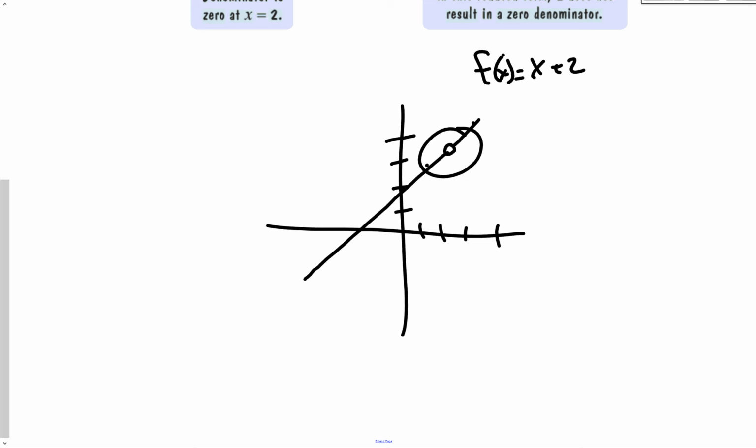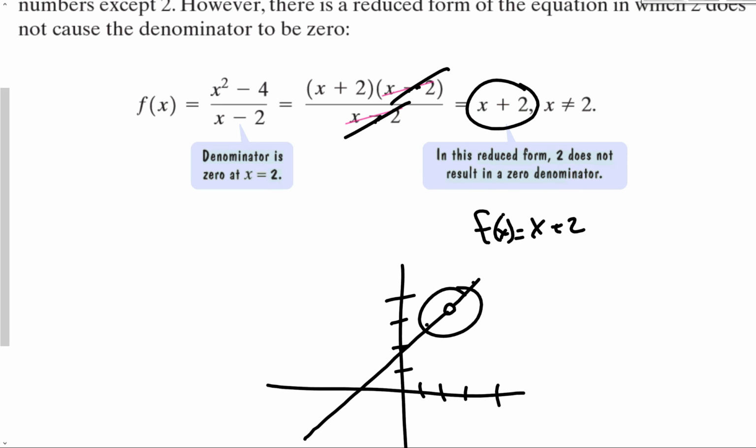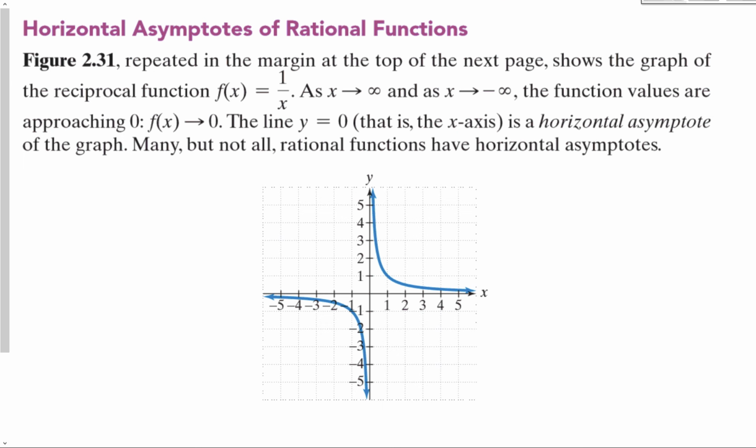And this function is still not continuous because technically you have to lift up your pen to make that circle, right? You cannot make this graph by continuously drawing a line. And it is called a hole, or again, a removable discontinuity, because I was able to cancel it out. I was able to remove it. Okay. That's vertical asymptotes.